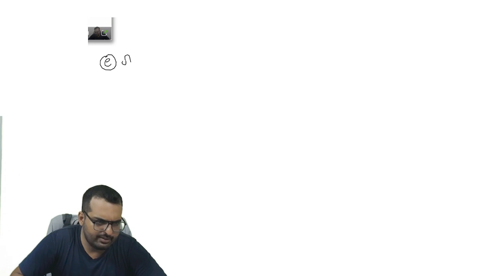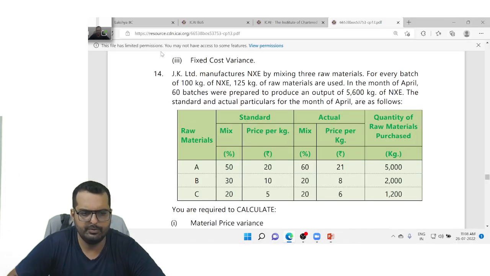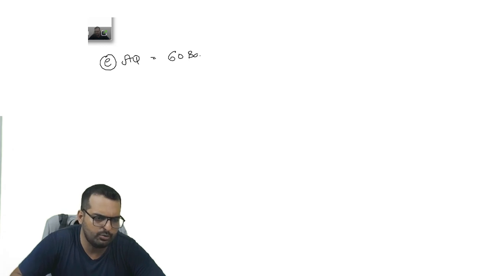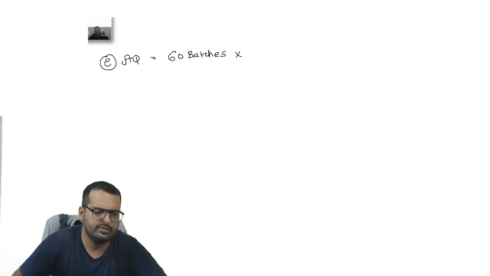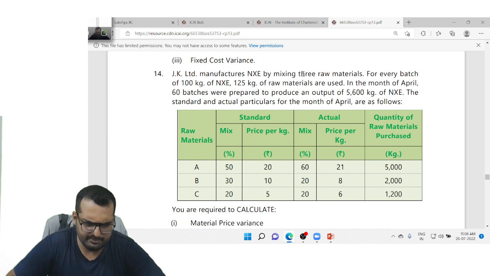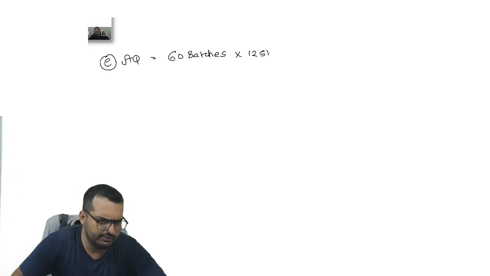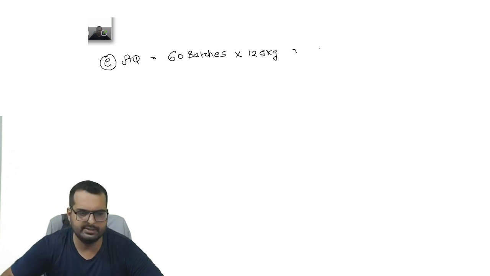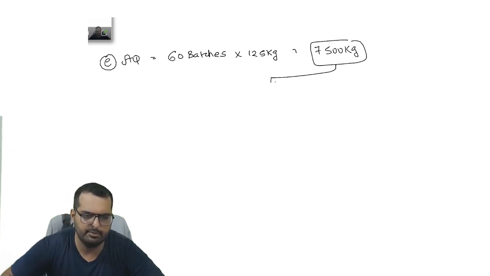Next, the same way we are supposed to find out what AQ. Okay. Now to find out AQ, friends, they have told they have used how many batches over there? They have used 60 batches. Every batch they're using how many kg, friends? 125 kg, correct? So for 60 batches, they must have used 7500 kg as their input.